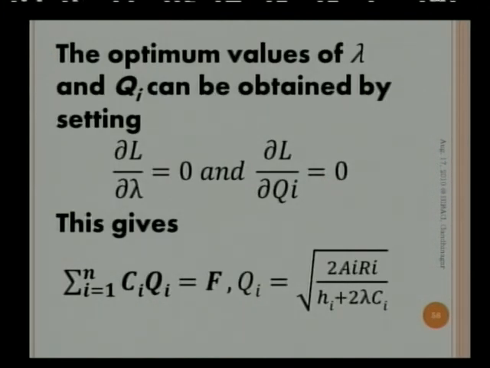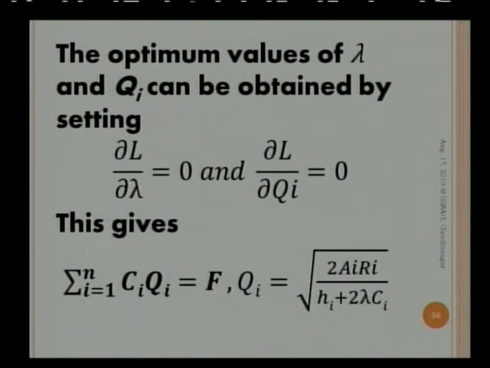To find the optimal value of lambda, as we did in the first two problems, we differentiate Lagrange's function with respect to the decision variables, that is lambda and the Qi's, where i can be any number from 1 to n.